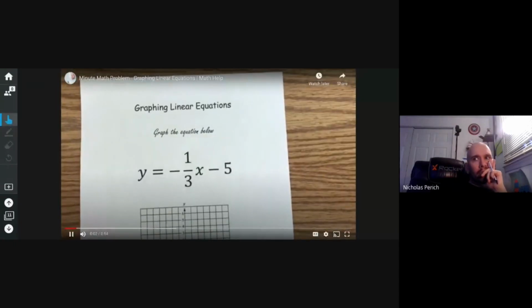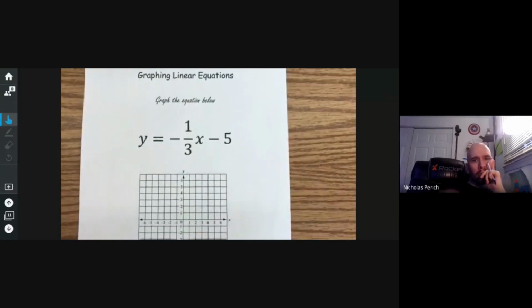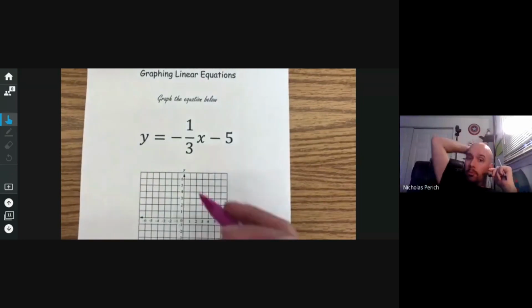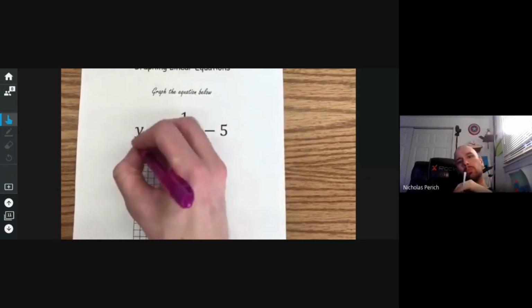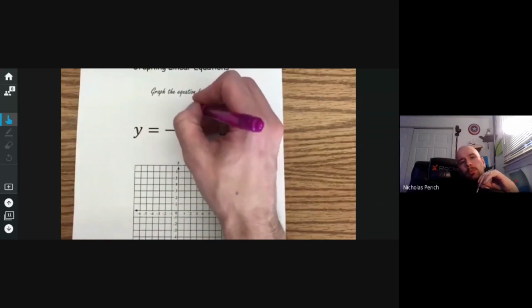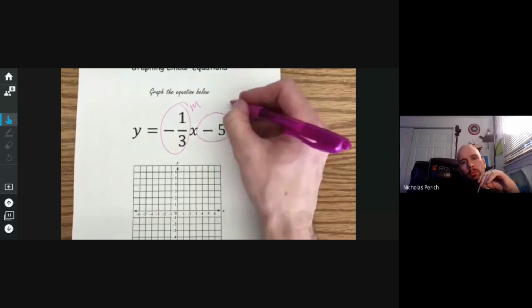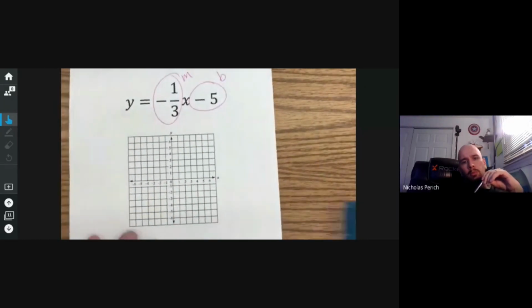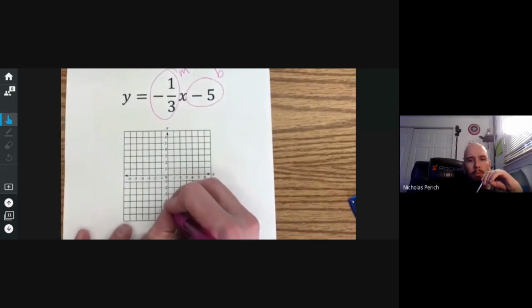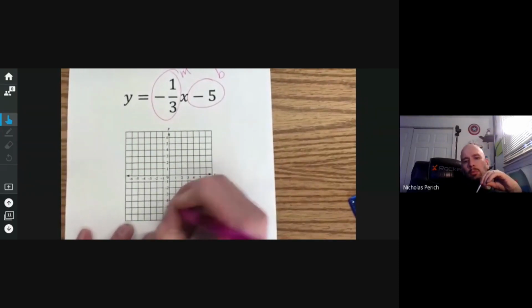All right, graphing linear equations. We are to graph that equation there. Luckily, this guy right here is in slope-intercept form. Remember, if y is all by itself, the number in front of x is our slope. The number floating around is our y-intercept. So the number floating around, -5, is where we begin. We put a dot right there at -5 on the y-axis.